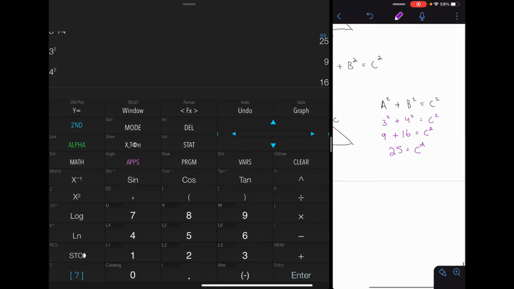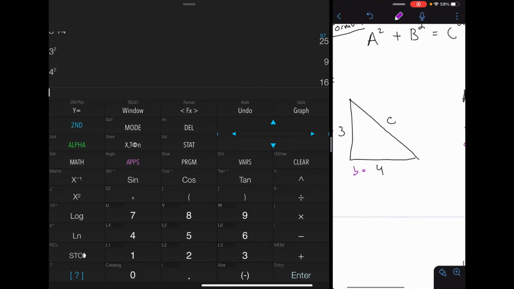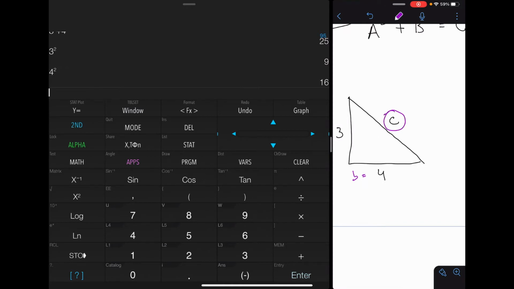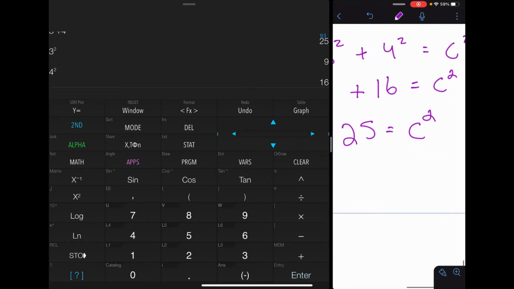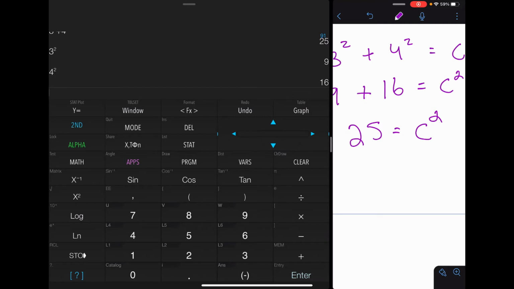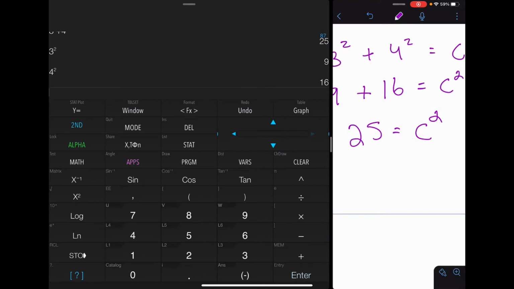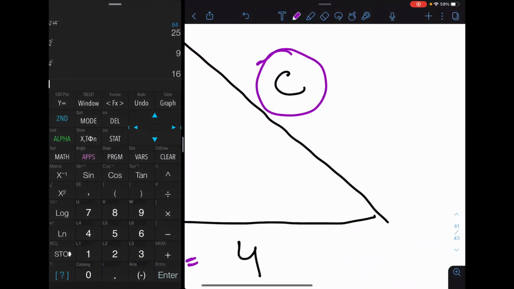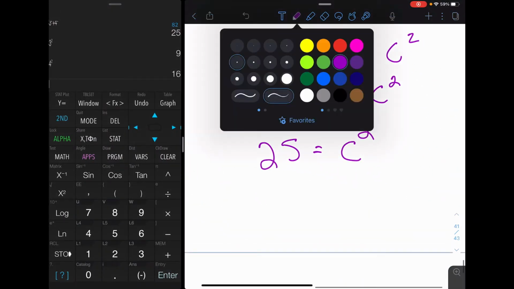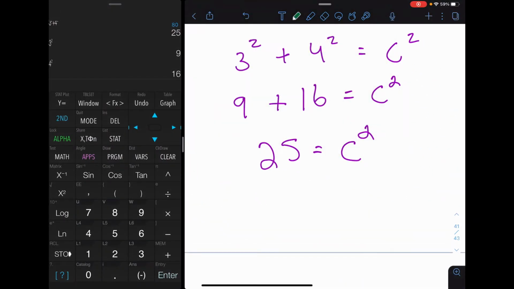Now the question is asking for c. What is c? So what I do is I get the square root. To take away the square, para quitar el cuadrado, I have to square root both sides, los dos lados.